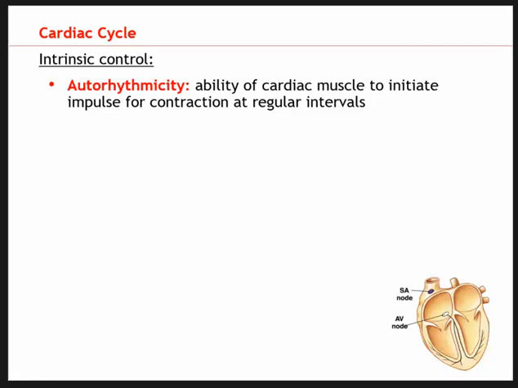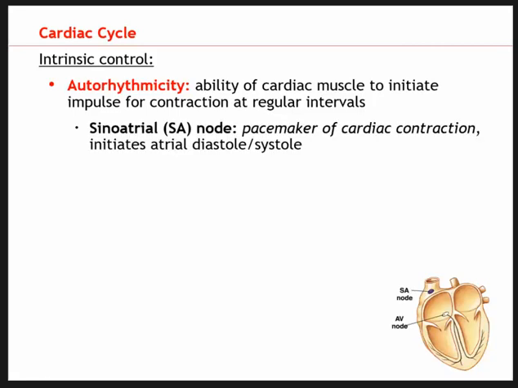What controls this? The SA node, our sinoatrial node. It controls the heart without the central nervous system initiating the impulses. We'll talk about extrinsic control, which does have to do with central nervous system control, but not this SA node or the intrinsic control that we'll discuss here.